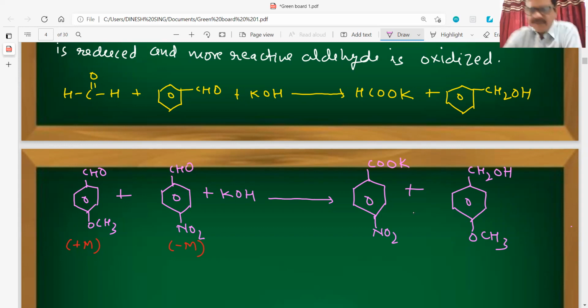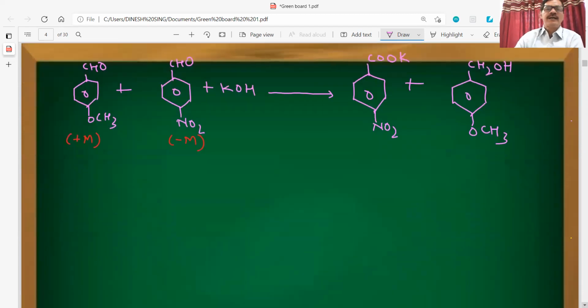So if we are having a mixture of two different aldehydes, then we have to check which aldehyde is more reactive and which is less reactive. Always the more reactive aldehyde will undergo oxidation and the less reactive aldehyde will undergo reduction.